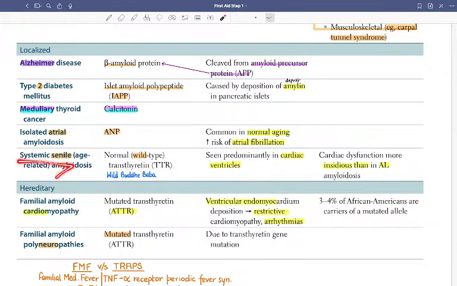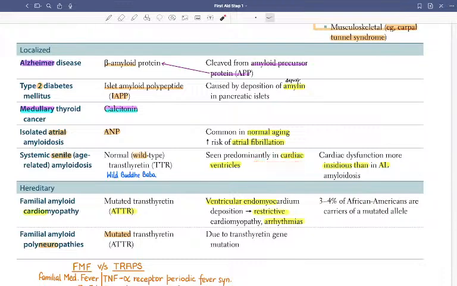Systemic senile age-related amyloidosis: systemic age-related, wild type, normal wild type transthyretin. The mnemonic for this that ma'am had said is wild Buddhe Baba: wild, normal, Buddhe, senile, and cardiac ventricles.